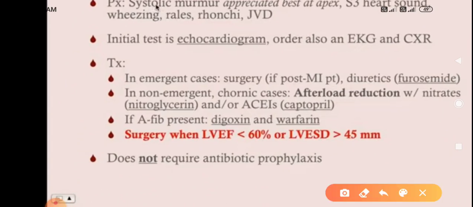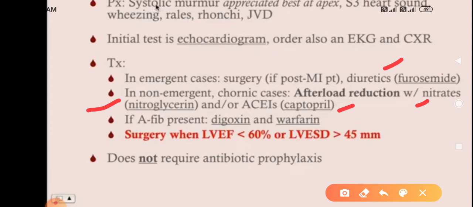Okay. Treatment in emergent or acute cases: if post-MI patient, we do surgery, or we can use diuretics like furosemide while the patient is waiting for surgery. In non-emergent or chronic cases, afterload reduction we do with nitrates, nitroglycerin, ACE inhibitors, even beta agonists also reduce afterload.